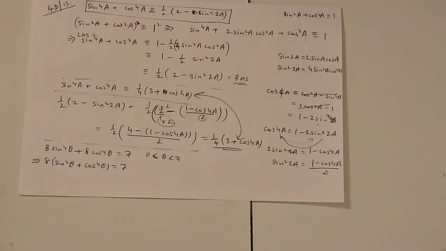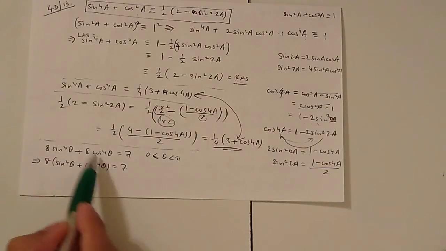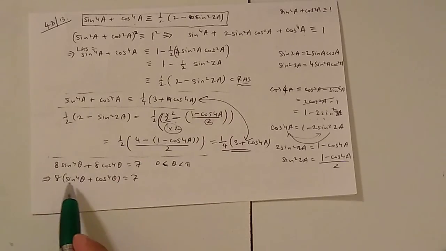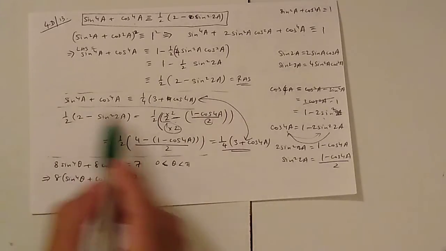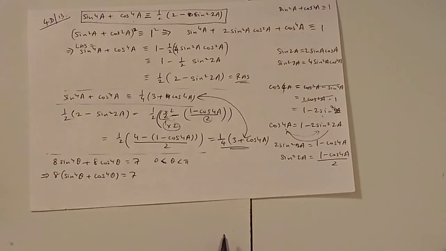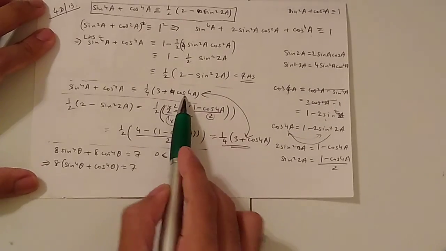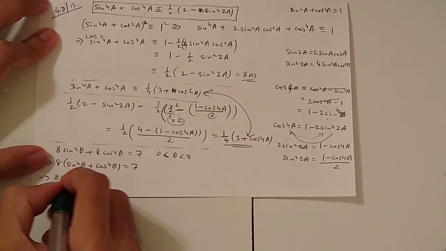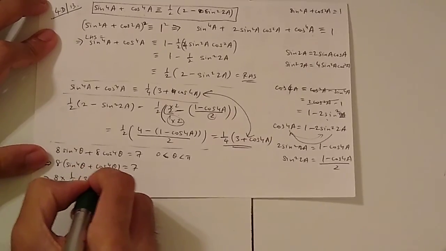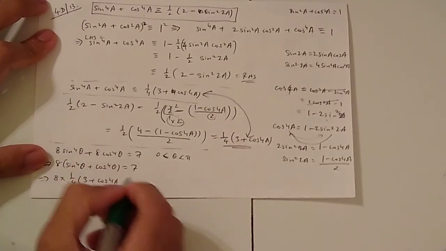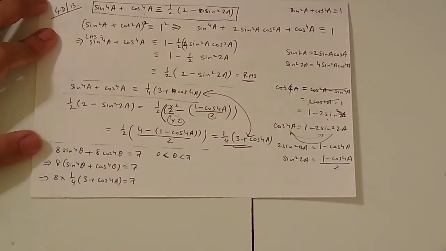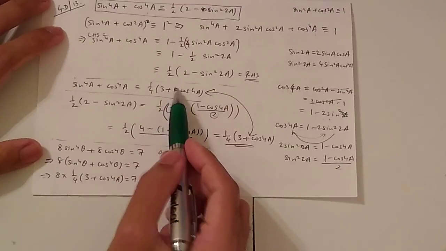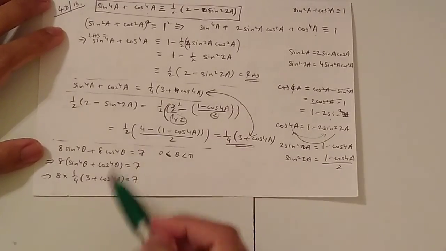Okay, and sin raised to 4 theta plus cos raised to 4 theta is exactly this expression over here. So we are going to just replace with this expression over here. We get 8 into 1 by 4, 3 plus cos 4a is equal to 7. So we replaced with our expression from the previous part.